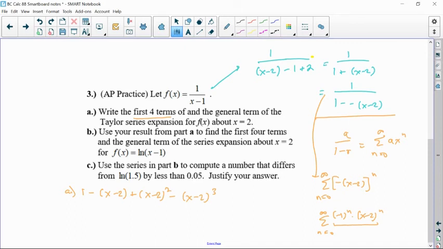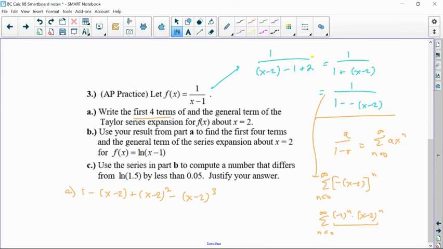Okay. It says use the results from part A to find the first 4 terms and general term of the series expansion about x equals 2 for the function natural log of x minus 1. Okay, so we already know what the natural log of x is, so we could have easily manipulated that like we did in the previous example.